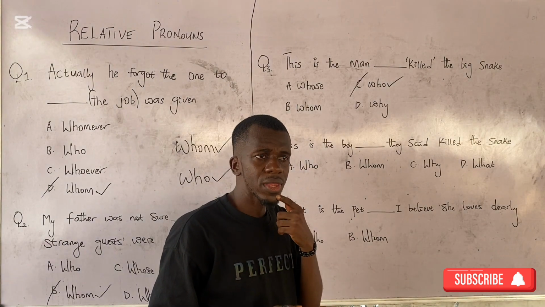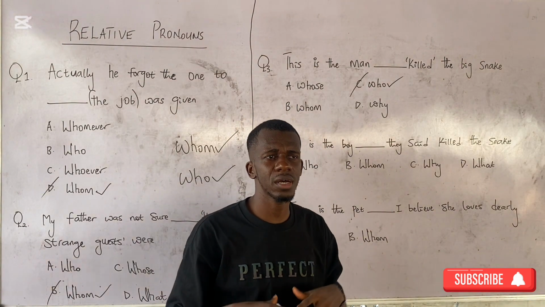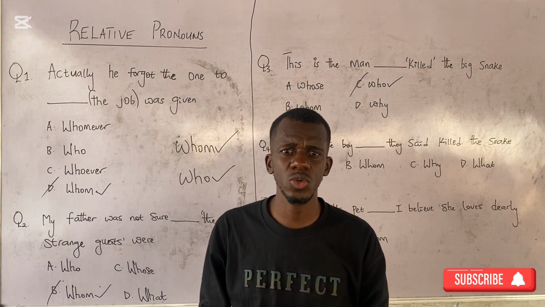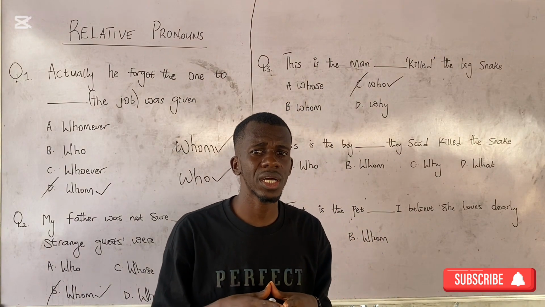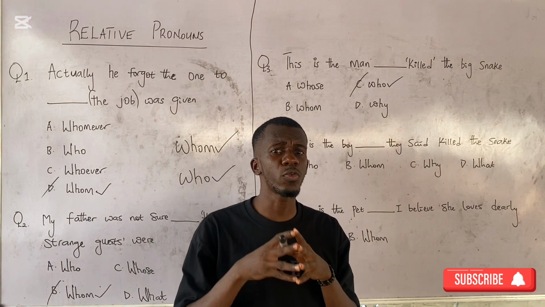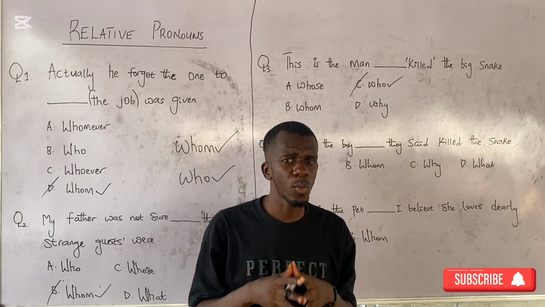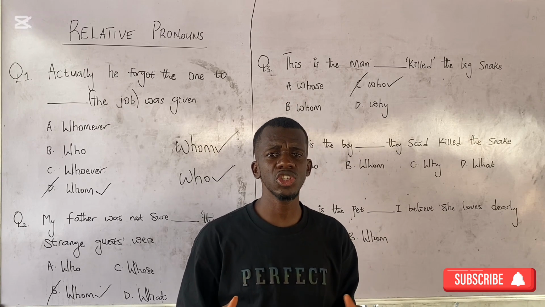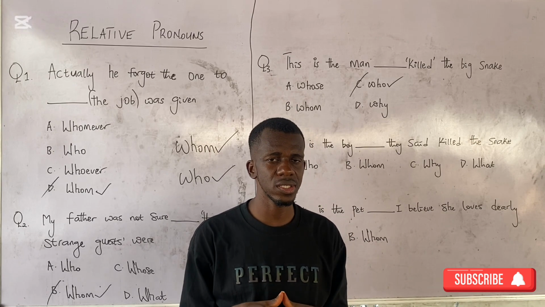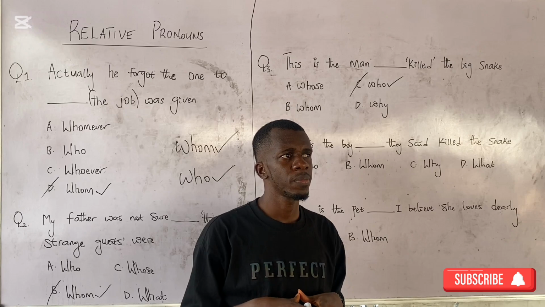You get that? Now, there's something else examiners have devised to confuse a lot of exam candidates when it comes to the use of who and whom. And what is that? In the English language, we call it parenthesis. What is parenthesis?